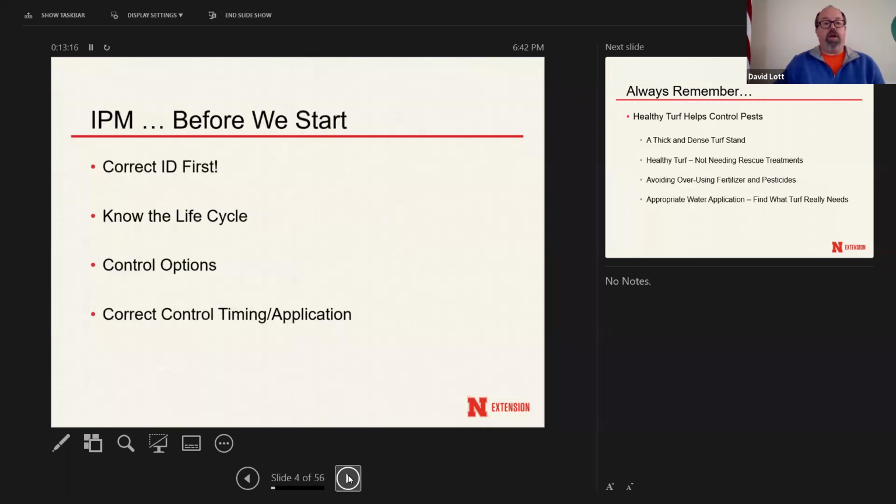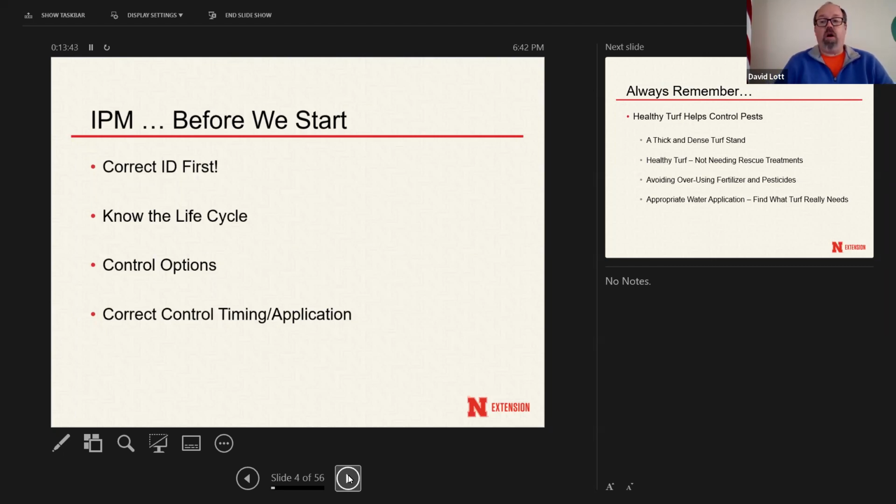So when we talk about integrated pest management, or IPM, we hear IPM used very loosely when we interpret what that means. When we look at IPM, some important things that we need to know before we even start is we need the correct identification of the problem first.